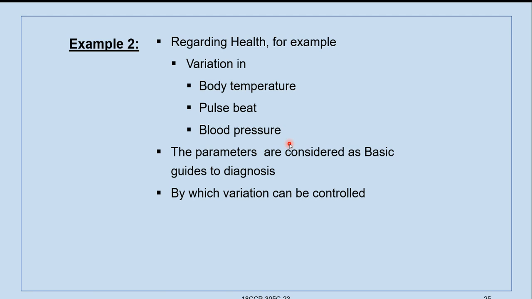So we'll try to understand why the difference is. These parameters are considered as basic guides to diagnosis because these three are very important for diagnosis of any illness, by which variation can be controlled.